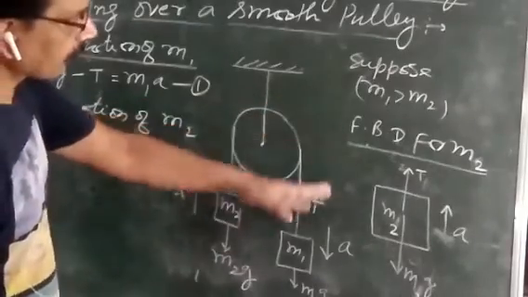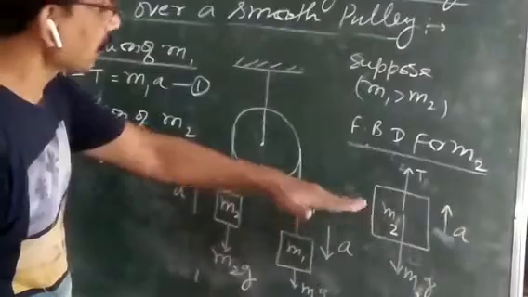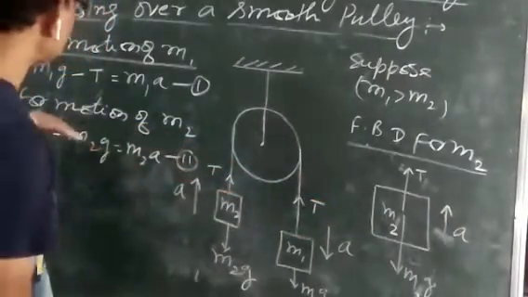And in this way, you will get the expression for motion of mass M1 as well as for the mass M2.